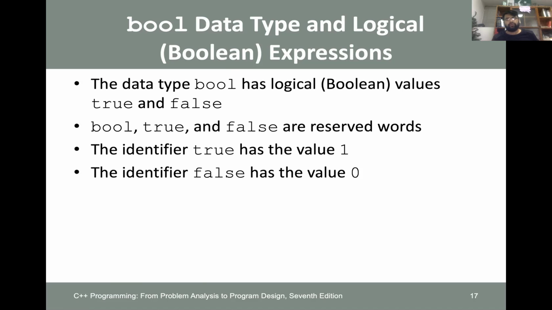The identifier true has a value 1, and the identifier false has a value 0. With integers, anything that is 0 is false, and anything that is not 0 is considered true by the system. We'll see the repercussions of this understanding.